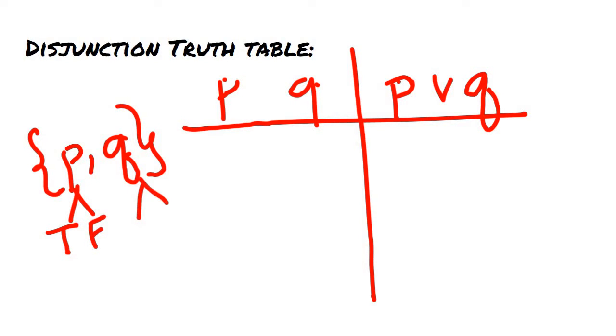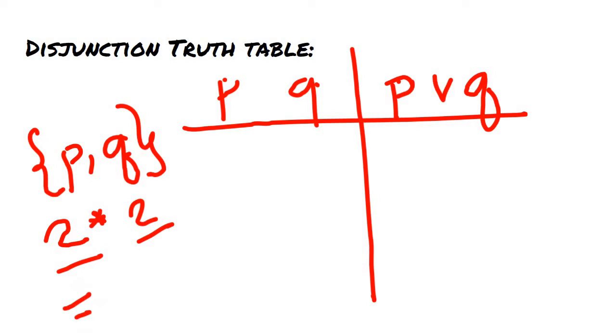Same situation with Q. Therefore, there are two possibilities each. The way we count that is 2 for the first variable multiplied by 2 for the second variable, which gives us 4 possibilities.